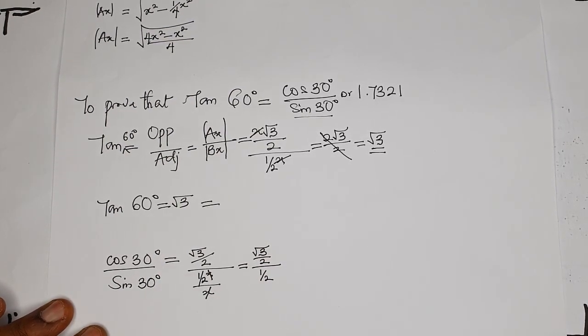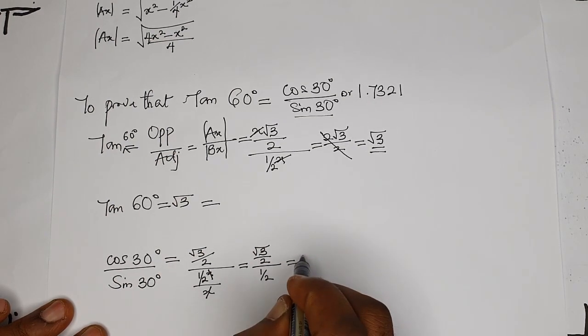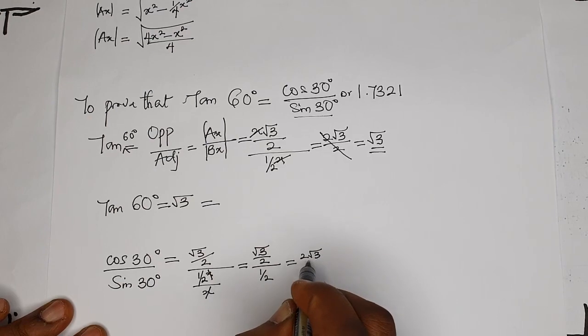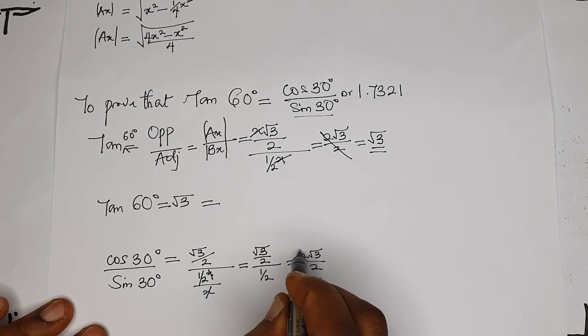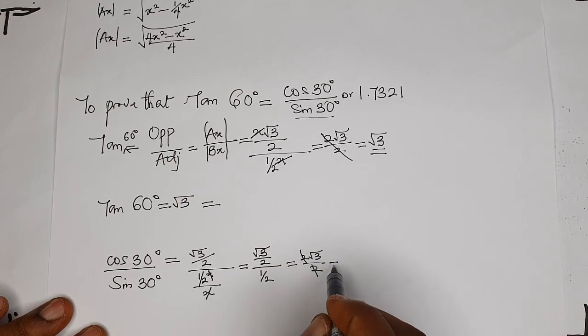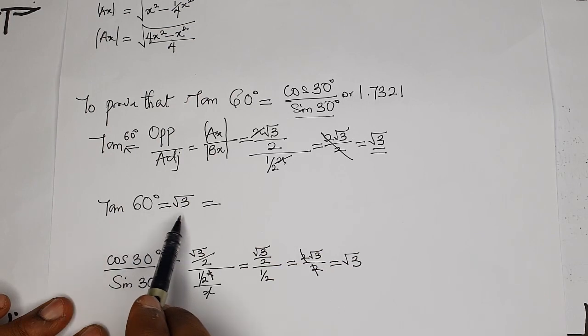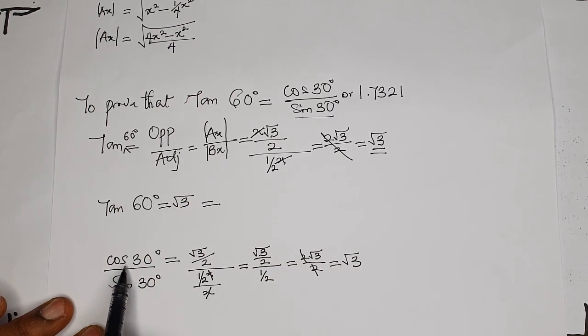Now this is what we want to simplify. We work it out fractionally. This is going to give us 2 root 3 all over 2. And when further simplified by cancelling out the 2's from the numerator and the denominator, we end up with the final answer, root 3.